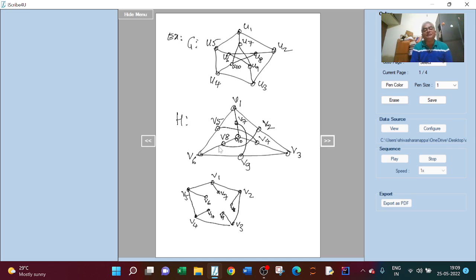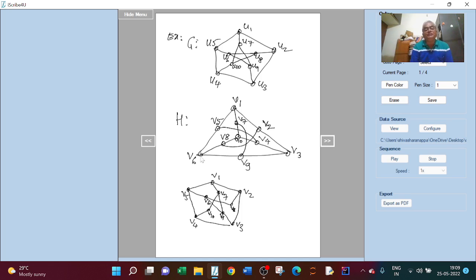Then I have to add V6 to V8 and V6 to V9. Coming to V7, V7 is adjacent with V1, already written, and then V9 and V10. So V7 to V9, V10 I have to write.